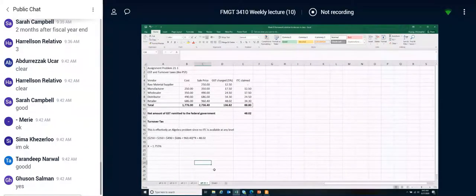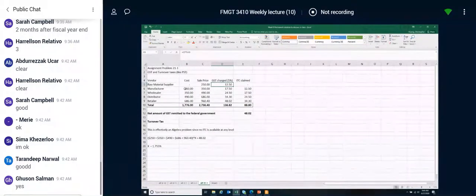Okay, so if you go through all the different numbers, the cost for the manufacturer is $250, right? So the raw material supplier sells some material to the manufacturer. Manufacturer pays $250, and they're going to be charged $12.50 of GST at 5%.